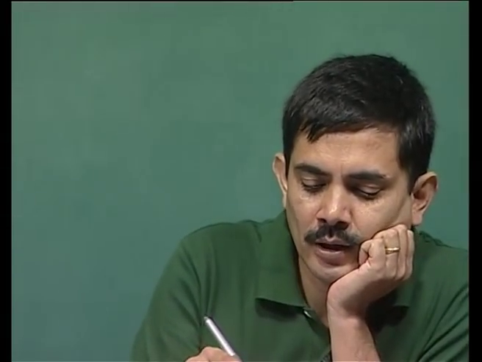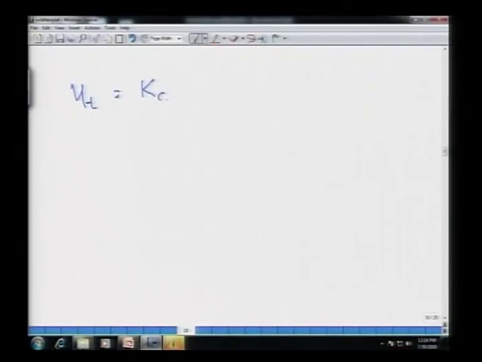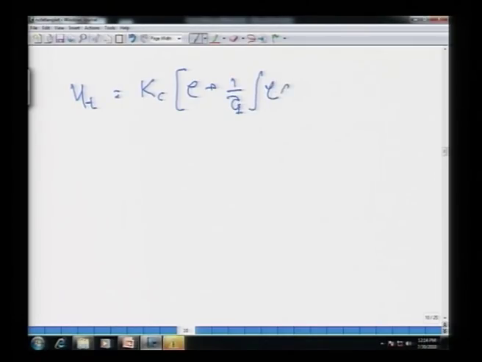The velocity form is obtained if you differentiate this equation: u(t) is equal to Kc times [E plus 1 by tau I times the integral of E dt plus tau d times dE by dt] plus a bias term.